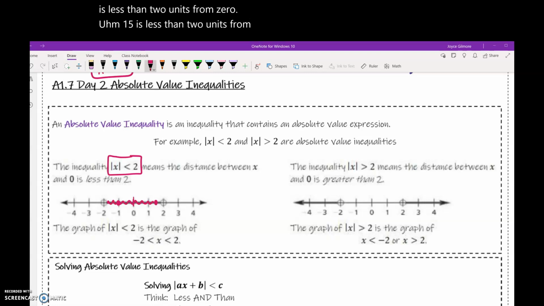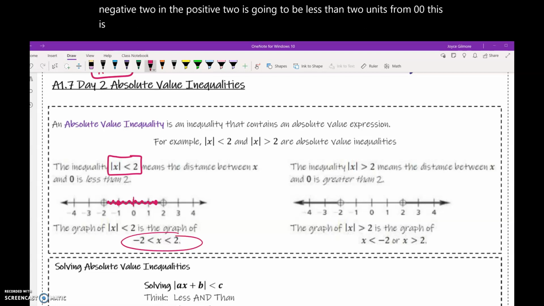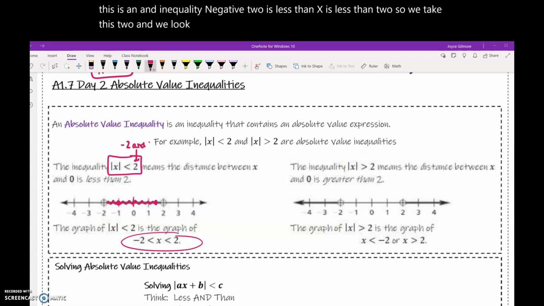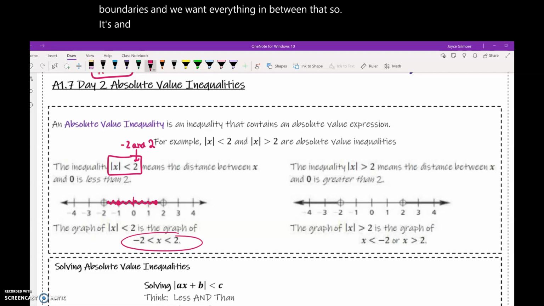Anything in this range in between the -2 and the +2 is going to be less than 2 units from 0. So this is an and inequality. -2 is less than x is less than 2. So we take this 2 and we look at -2 and +2 like the boundaries, and we want everything in between that. So it's an and inequality.